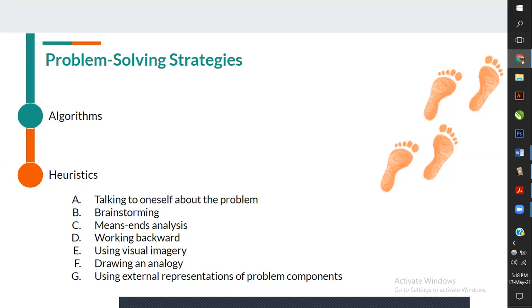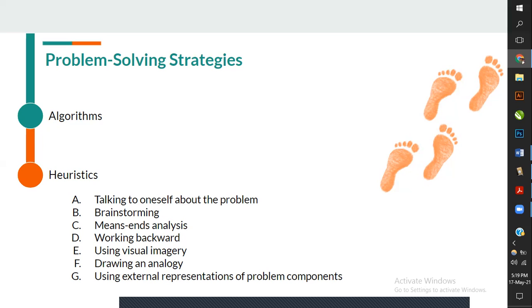Means-end analysis, one breaks down a problem into two or more sub problems, right? So we break down these huge problems into smaller problems so we could be able to understand this better. Working backwards. So usually in mathematics, we tend to work backwards, right?